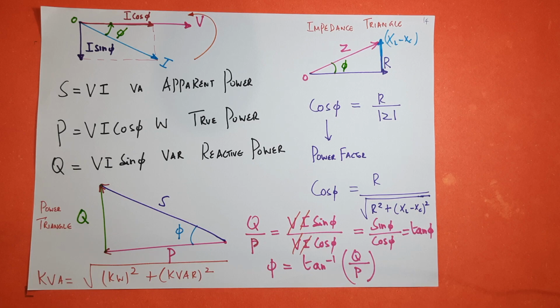So kVA equal to square root of kW square plus reactive power kVAR the whole square.